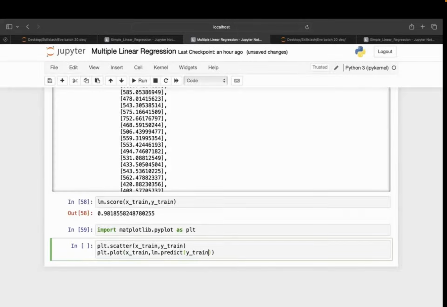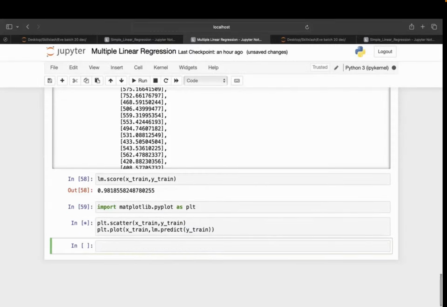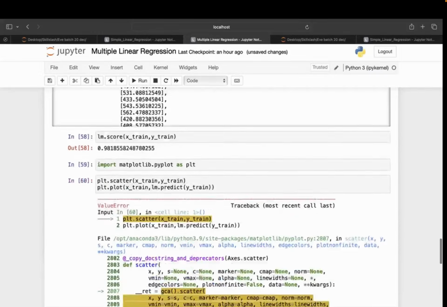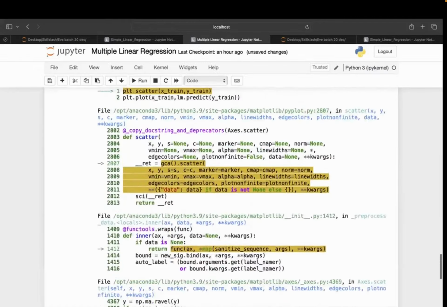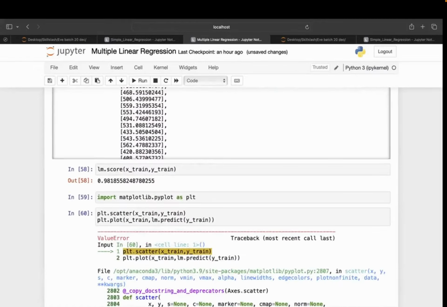Y train. Is my model learned already? Okay. X and Y are the same size. lm dot predict Y train. Okay. It is of the same size.